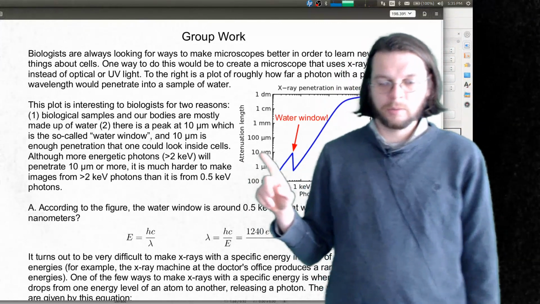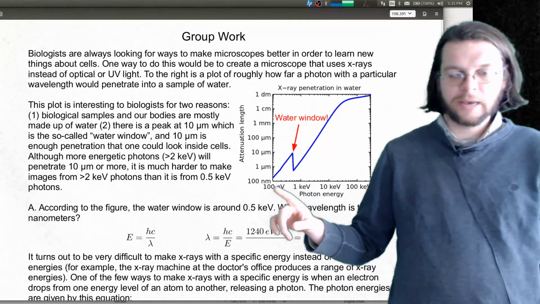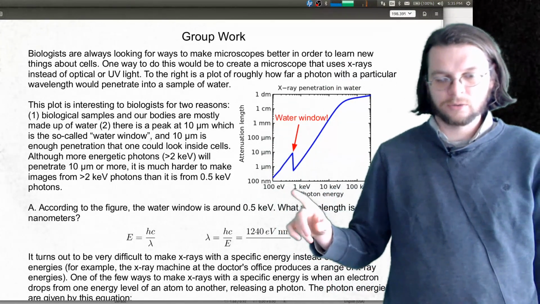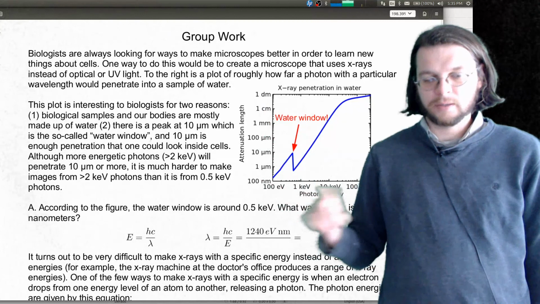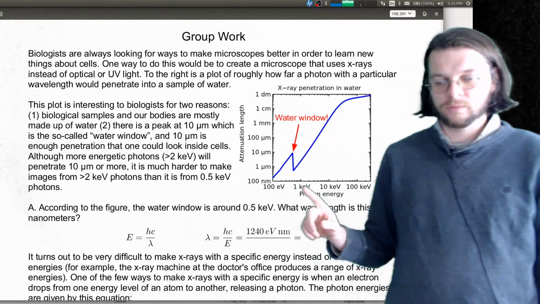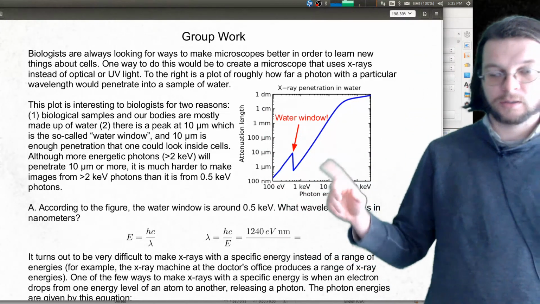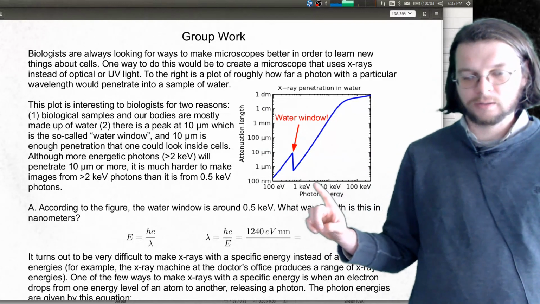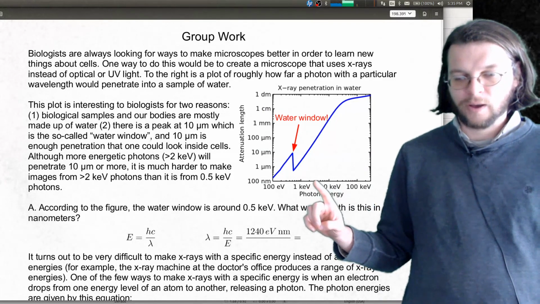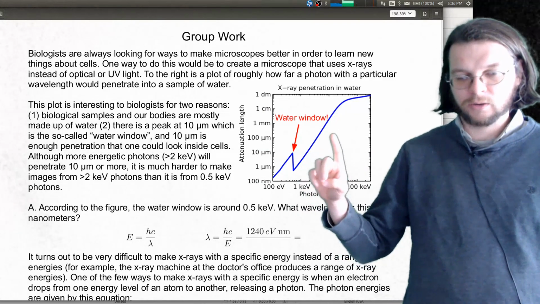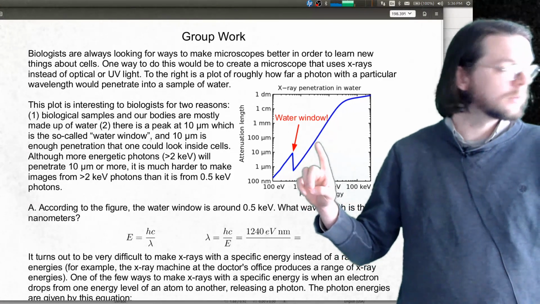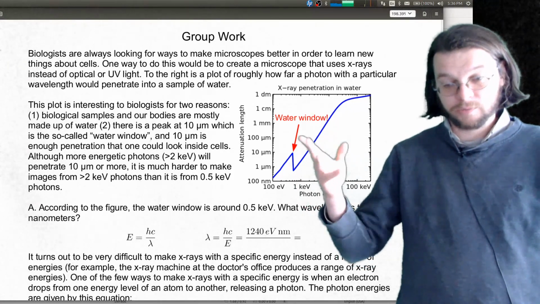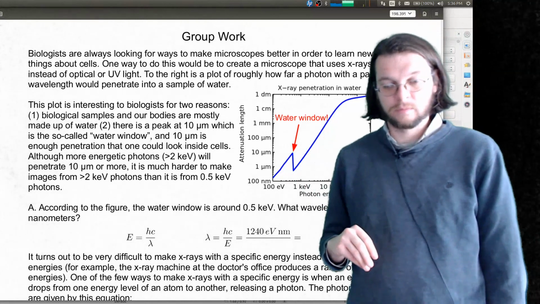This is a plot of basically how far light gets into water based on its energy. For very high energy photons, like when you go to the dentist, I think it's maybe 5 keV or something, that goes reasonably far into the water. Not as far into your bones, which is the point of doing it.